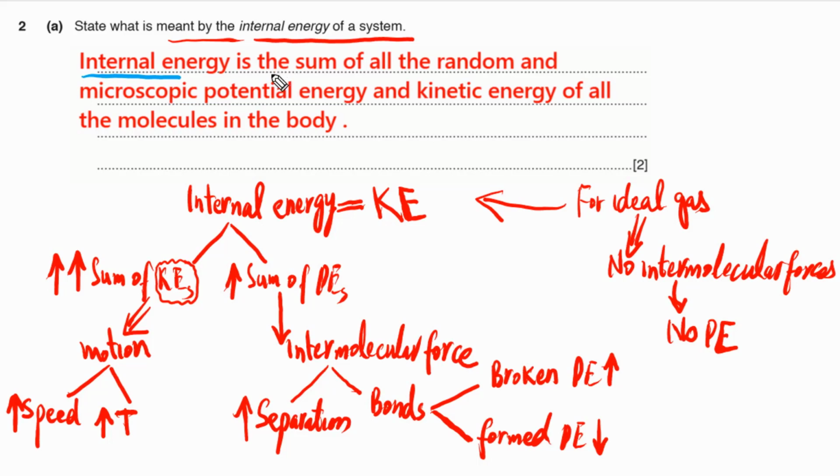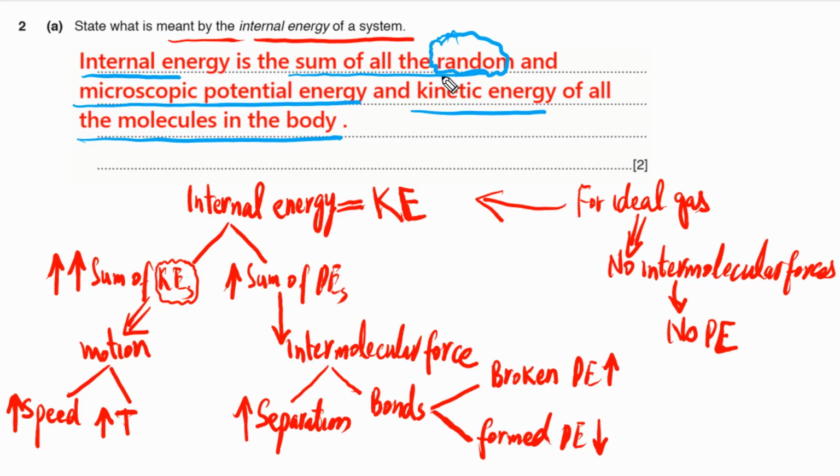As I have explained, it is the sum of all the random and microscopic potential energy and kinetic energy of all the molecules in the body or in the system. Why do we call it random? It means molecules do not have the same speed. All molecules have different speeds, and the separation between molecules is also different. That's the reason we said random distribution.